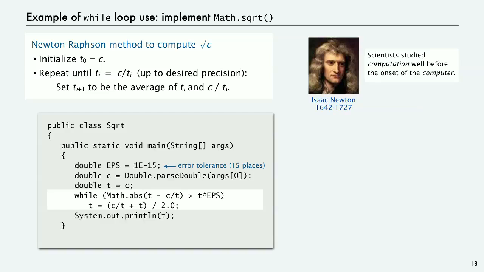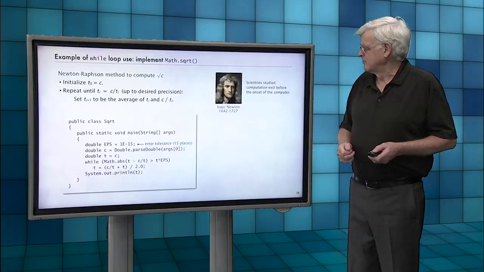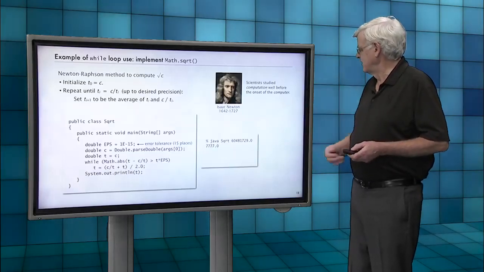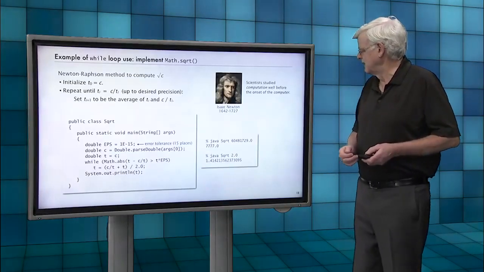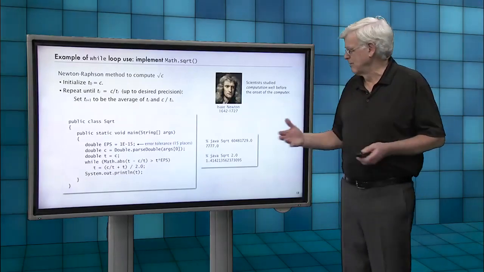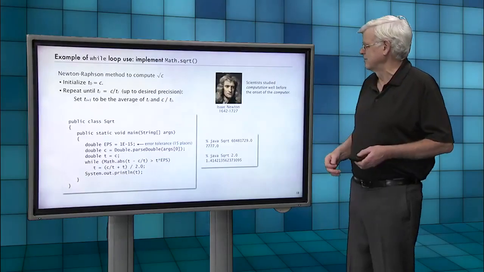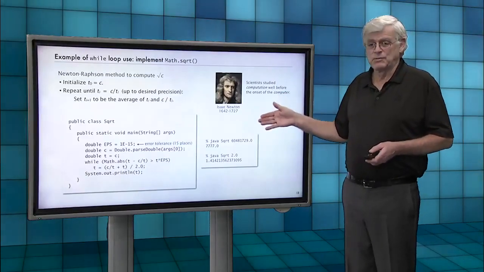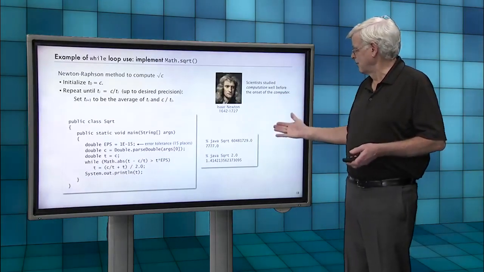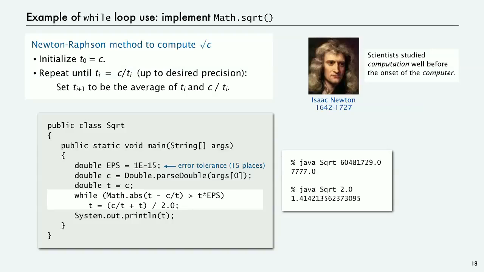Then go ahead and print the answer. So that's Newton's method, and that achieves the goal of computing square root, in this case to 15 places. A very simple computational method solves an interesting computational problem with just a single while loop.